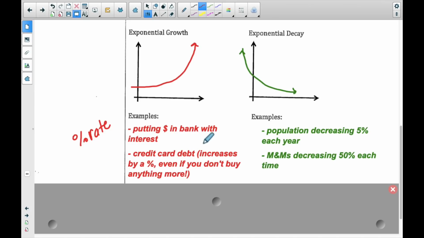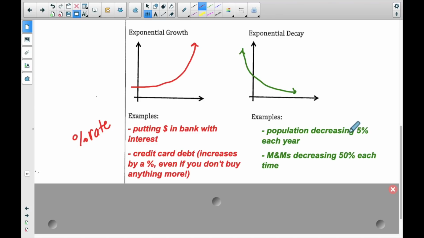Other examples you might have thought about: a lot of you are taking biology right now. So if you have some kind of cell division, some kind of bacterial growth, things like that, those will be exponential as well because they're growing at a percent rate. Okay. Exponential decay. Once again, because it is that word exponential, it has to have a percent decrease.